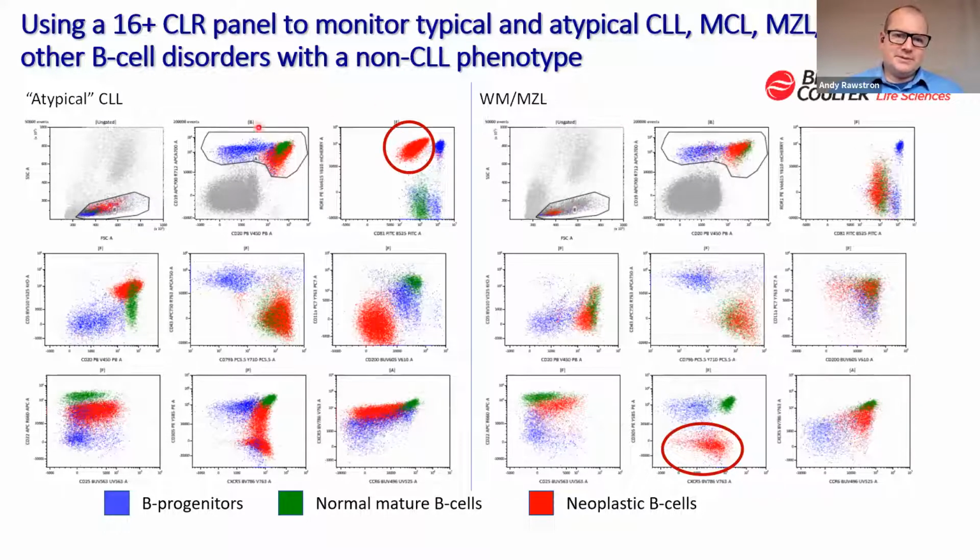We're at about 18 colours, working reasonably well on the Coulter Cytoflex at the moment, with a panel that will not just monitor CLL, but also this atypical CLL that looks more like a mantle cell lymphoma, versus a Waldenstrom's lymphoma. You can see that there are different markers that will separate disease from background in different settings, but you can use just one tube to fit them all.